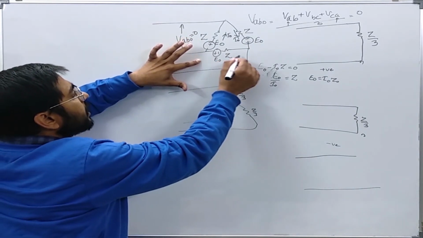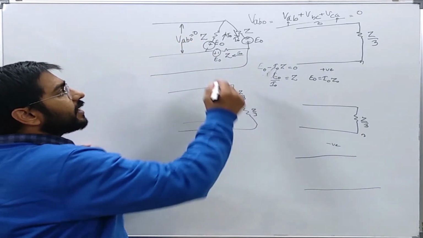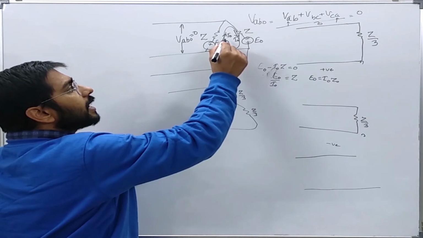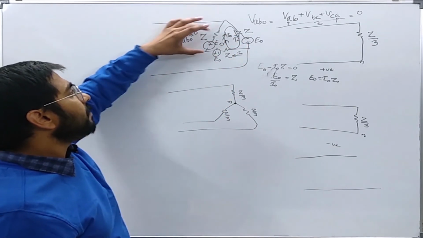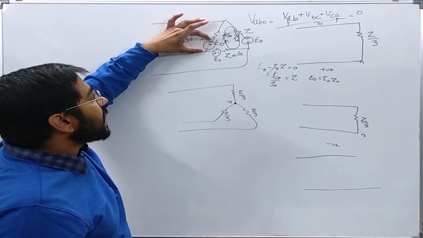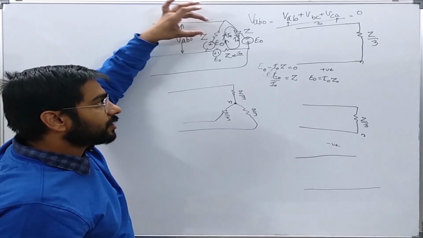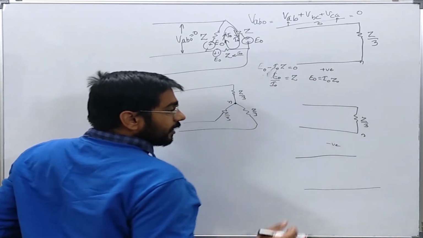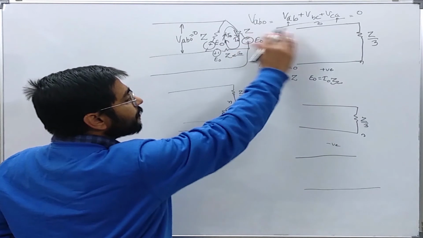Similarly, this will be I0. So you can clearly see that there can be zero sequence circulating current in the delta, this I0, this I0 and this I0, but it will be circulating such that the potential rise is equal to the potential drop in the same branch. Okay, so this circulating current is going to face this impedance every time.